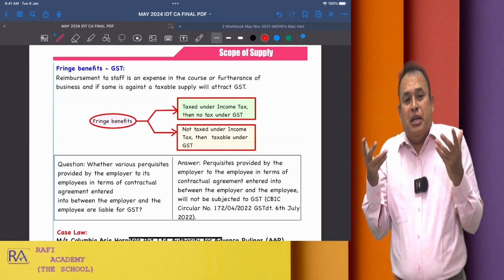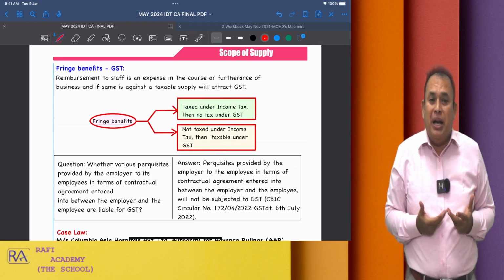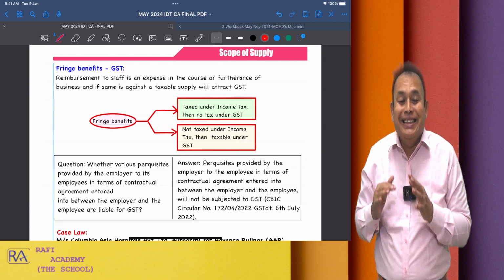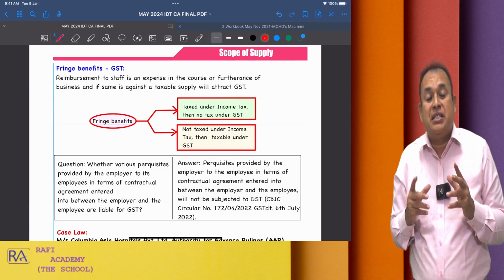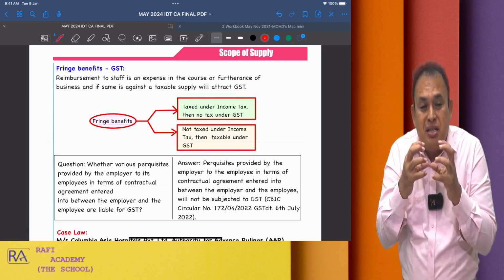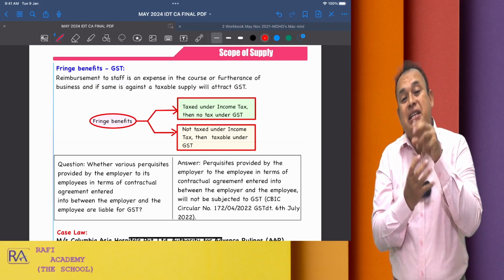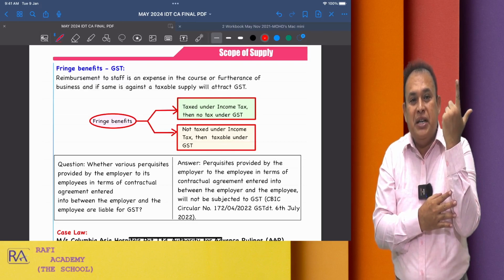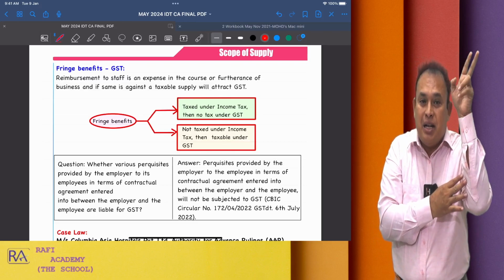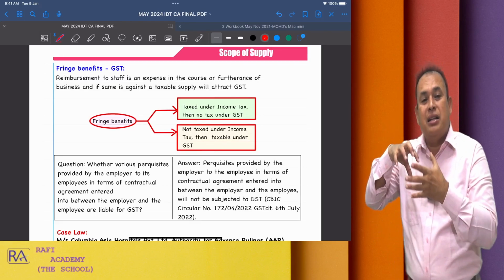There are fringe benefits offered by the employer to the employee which may not fall under the clutches of the Income Tax Act. As a result, those fringe benefits which are not taxed under the Income Tax Act will be taxed under the GST.